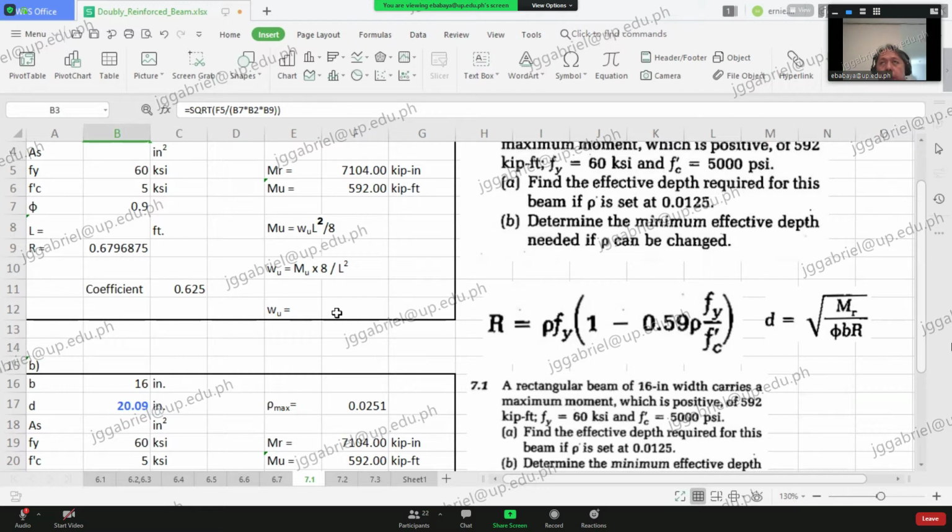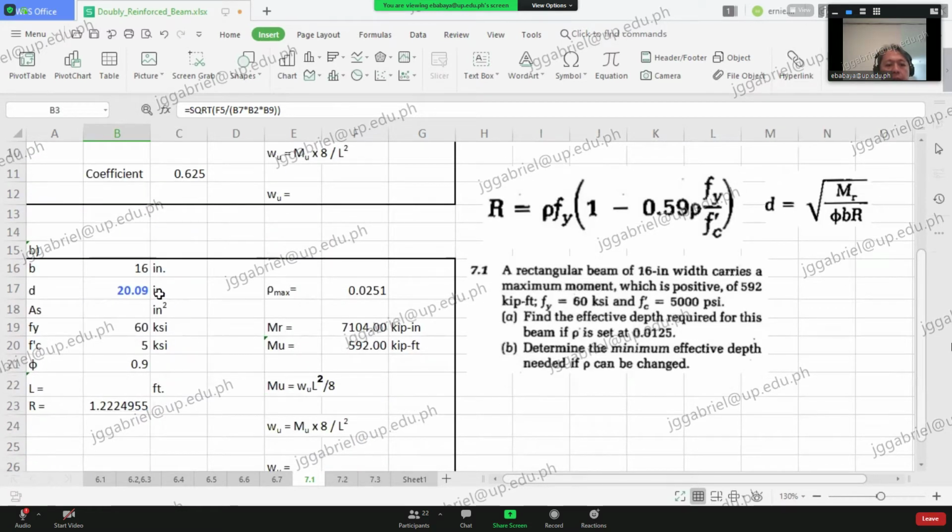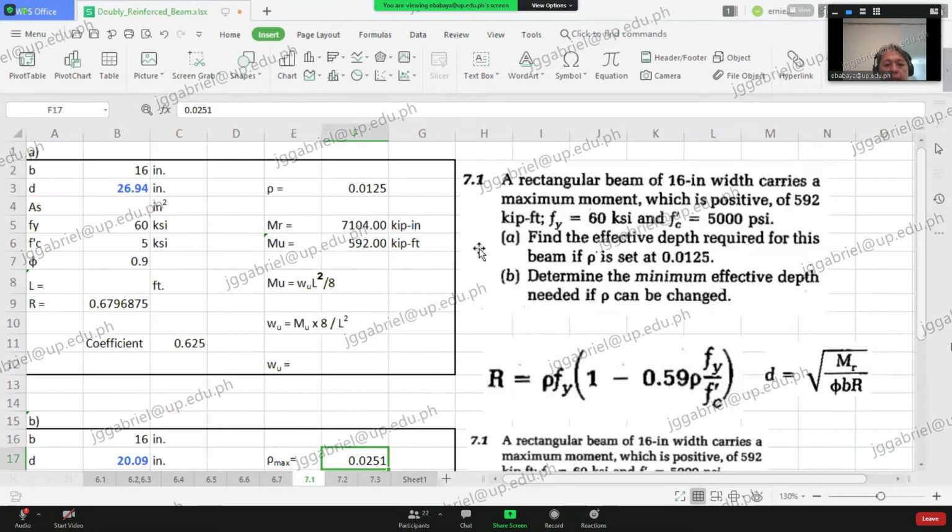You want to minimize the concrete part, so you have to add steel. If you are adding steel, that means you are increasing your rho. If you're increasing your rho, set it to maximum.